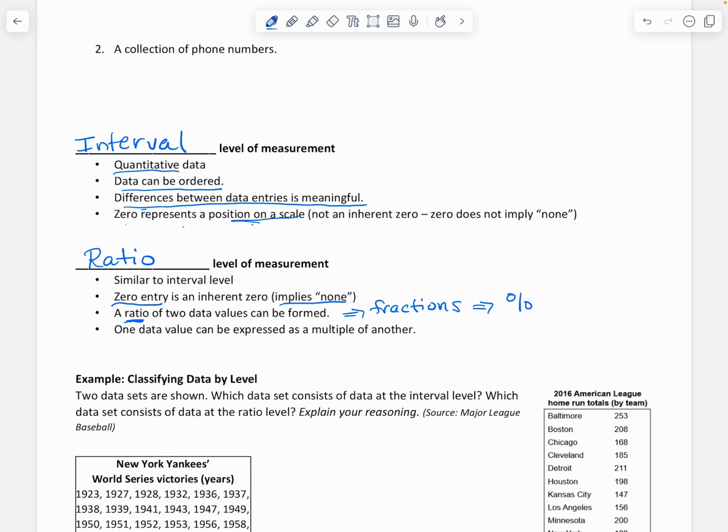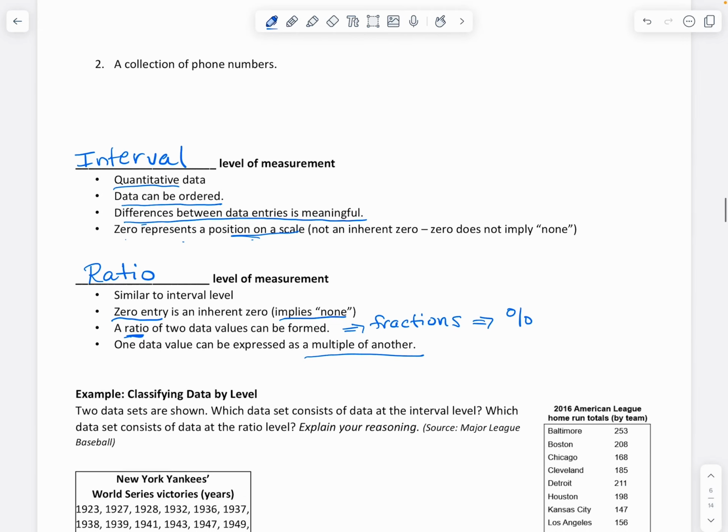So this is where we're going to talk a lot about percent and how that's all related using ratio level of measurement. And one data value can be expressed as a multiple of another. That, again, has to do with the mathematics of the data.